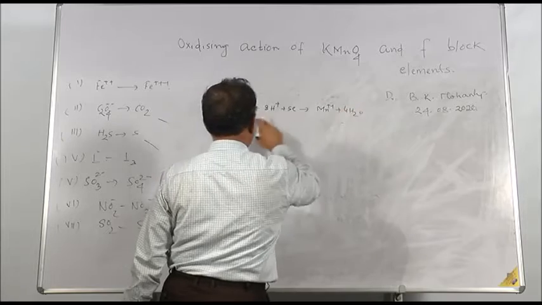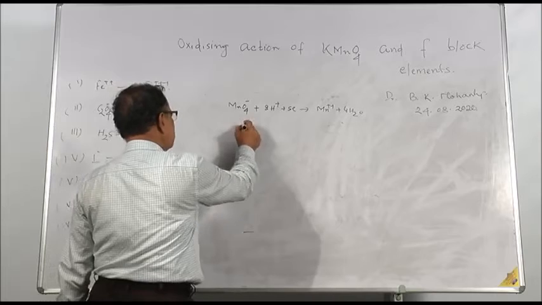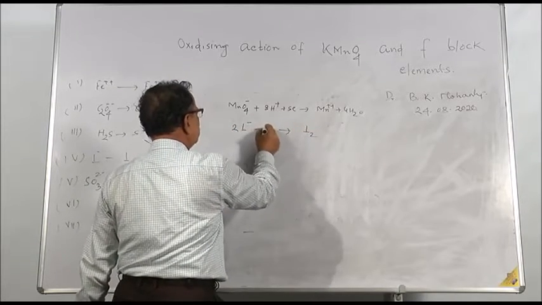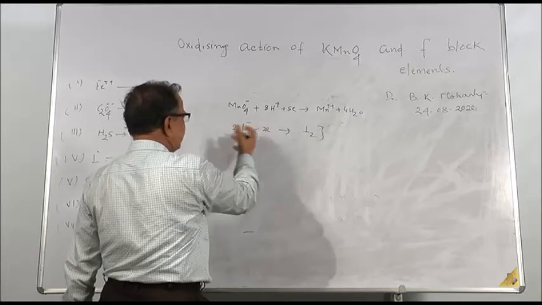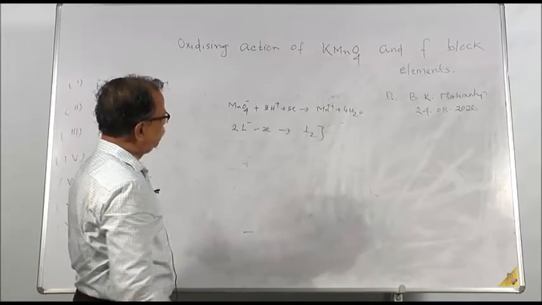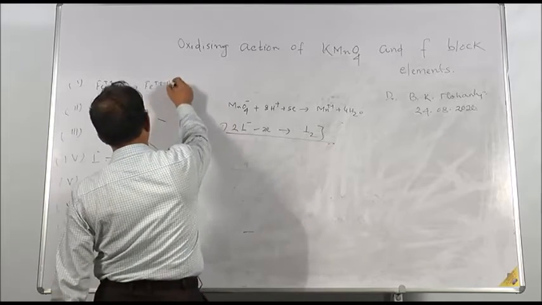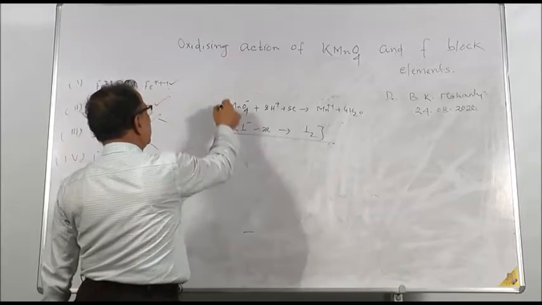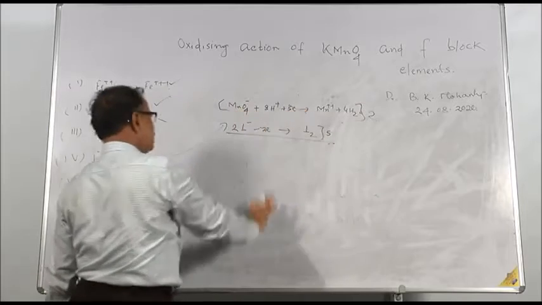Then 2I minus forms I2 minus 2e, because two minus charges give up two electrons to reach the 0 state. So this is I2, iodine. Here multiply by 5, here by 2, the 10 electrons cancel and we add.